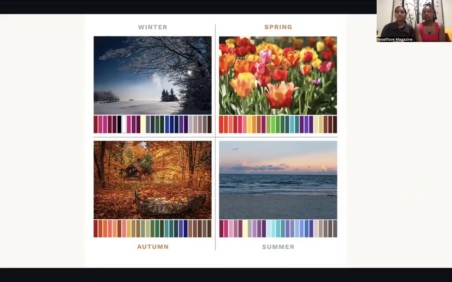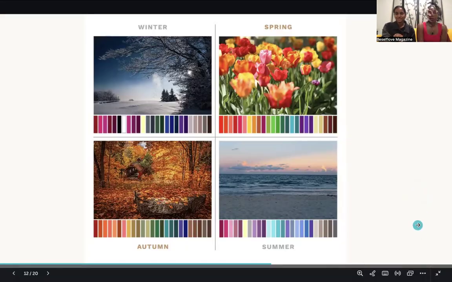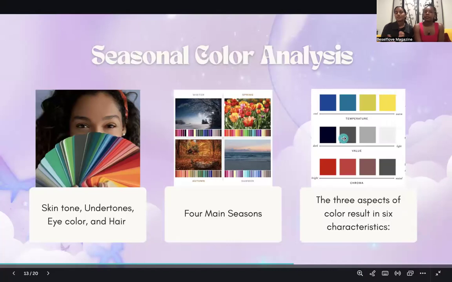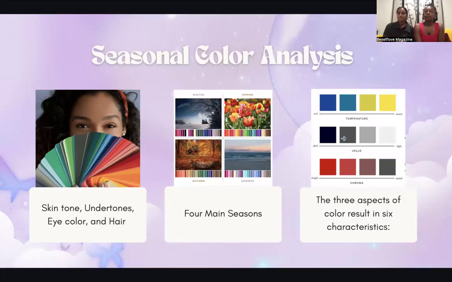And whenever you look at a color analysis framework, it's usually going to be four main seasons, which you can split into subseasons in a number of ways. So let's talk about seasonal color analysis. As Vianney mentioned, it is determined based on the skin tone, undertones, your eye color, and your hair. And you never guess anyone's season.